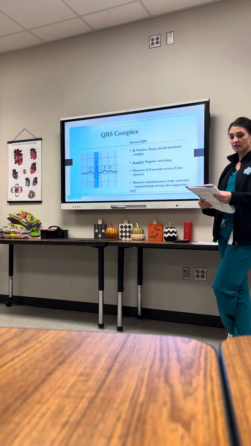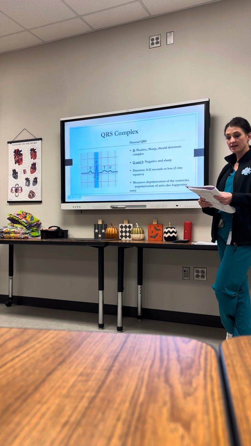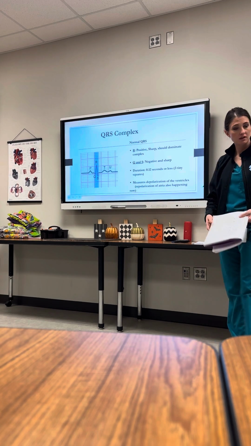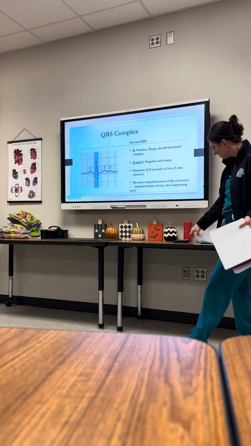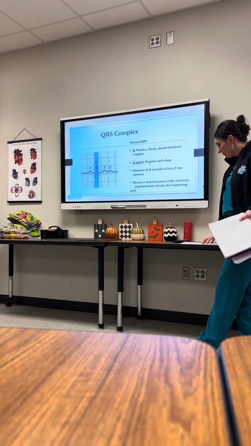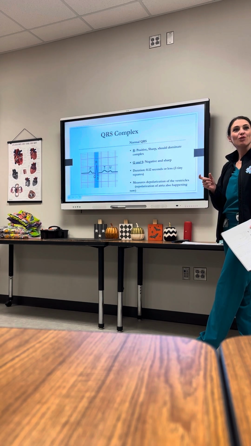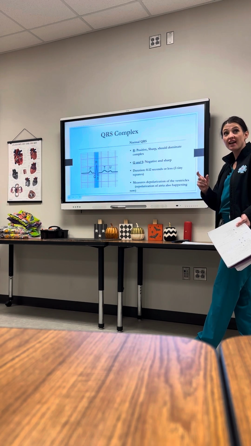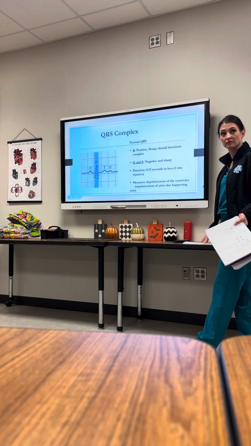The normal duration of a QRS is 0.12 seconds or less. And I didn't say this with the P wave, but that's 3 tiny boxes or less. Did y'all notice the normal duration for P wave and QRS are the same?